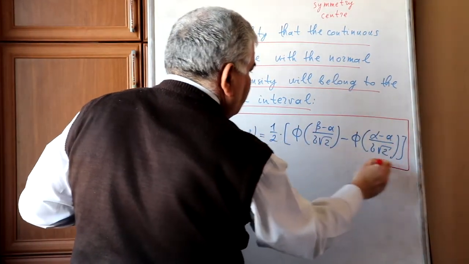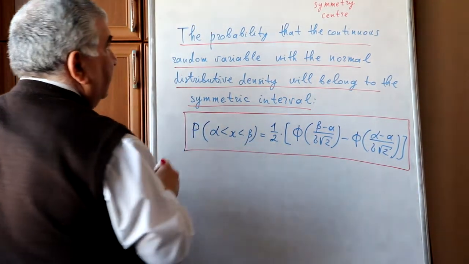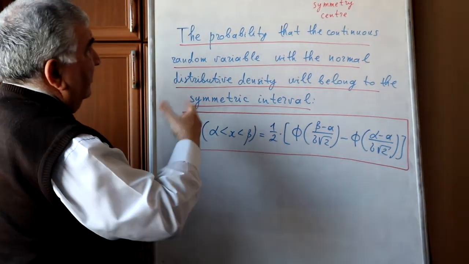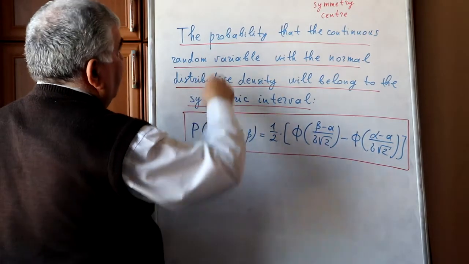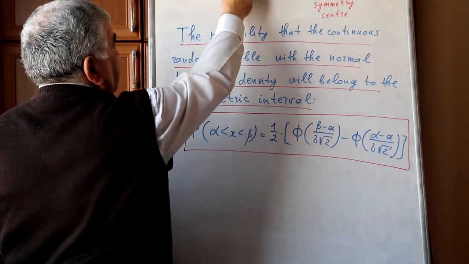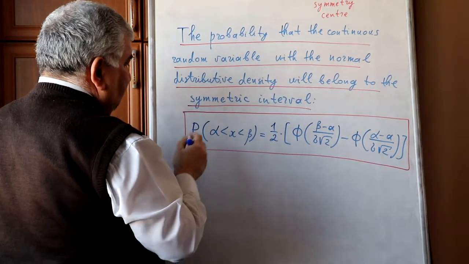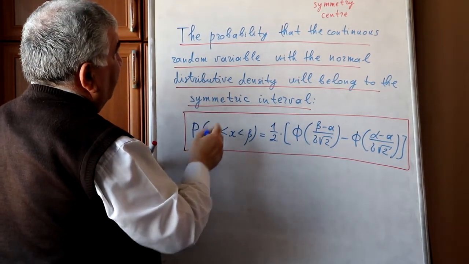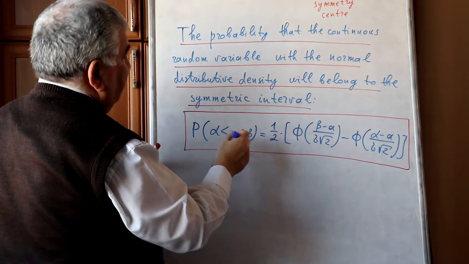but in our case, alpha is A minus L and beta is A plus L. Substitute A minus L instead of alpha and A plus L instead of beta.